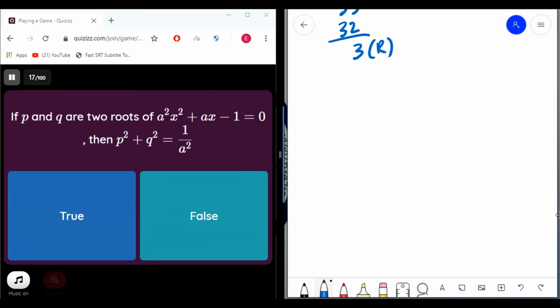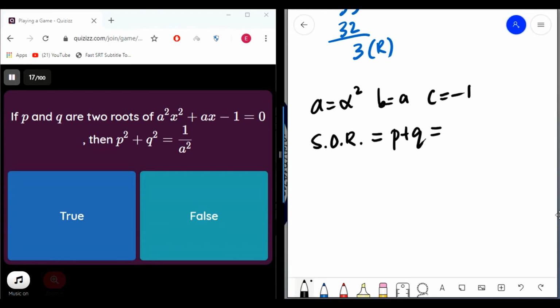For this question, we know that a is alpha squared, b is alpha, c is -1. So the sum of roots, we know that the roots are p and q, so the sum of roots is p plus q equals -b over a, which is negative alpha over alpha squared.